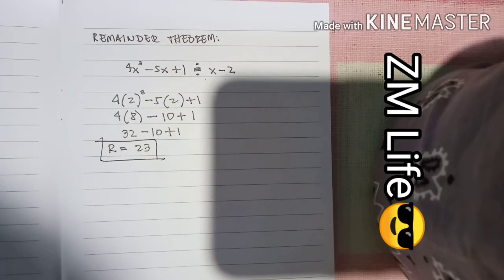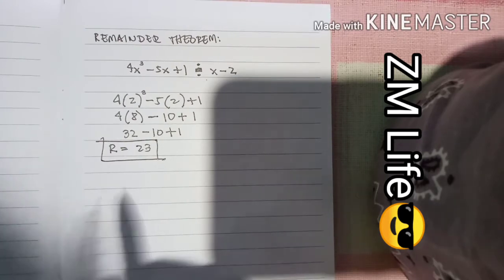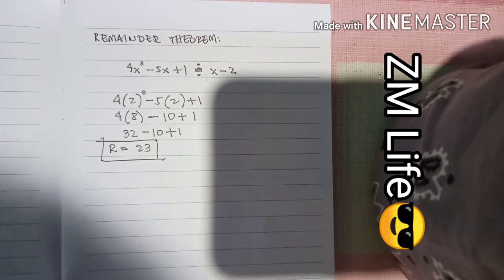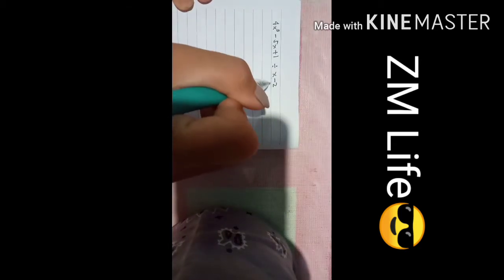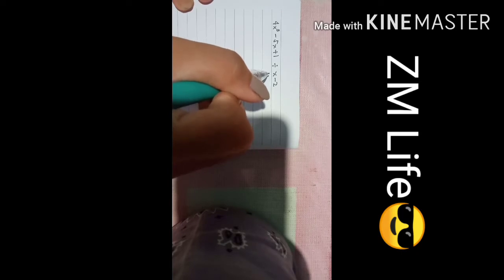Now, para mas makita nyo kung tama nga si remainder, we can use synthetic division. Okay, synthetic division. Para ma-check natin kung tama yung remainder na nakuha natin kanina. We have, from negative 2, kailangan mo rin siyang kunin yung opposite sign. So, it will become positive 2.